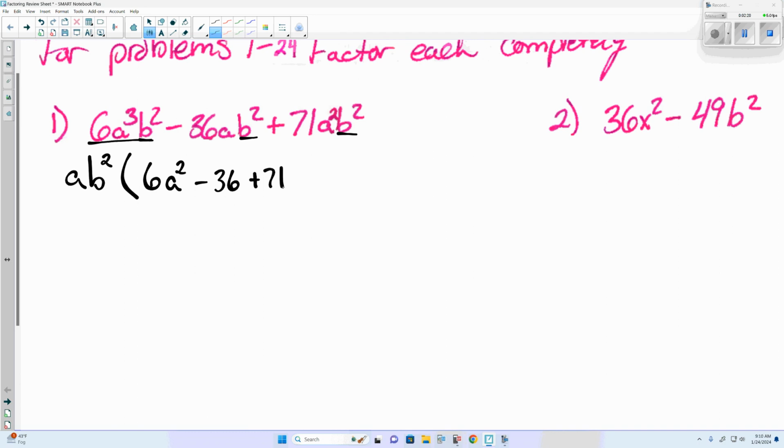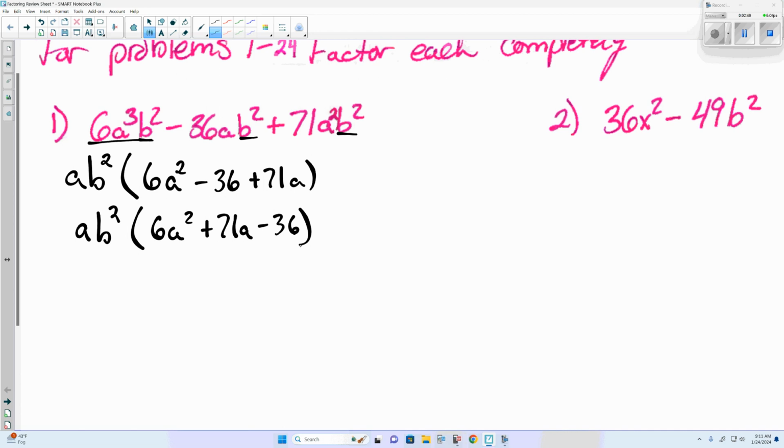When we factor an a out of a squared, we just have a, and the b squared factors out completely. Now, at this point here, we can rewrite it. 6a squared plus 71a minus 36. And all we're doing here is just rewriting it in standard form, because standard form is our variable with the biggest power goes first, and then in decreasing order.